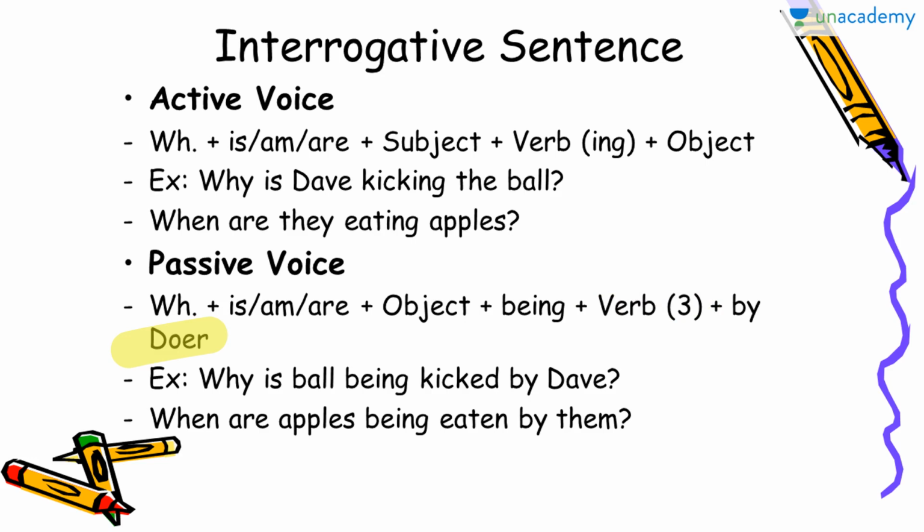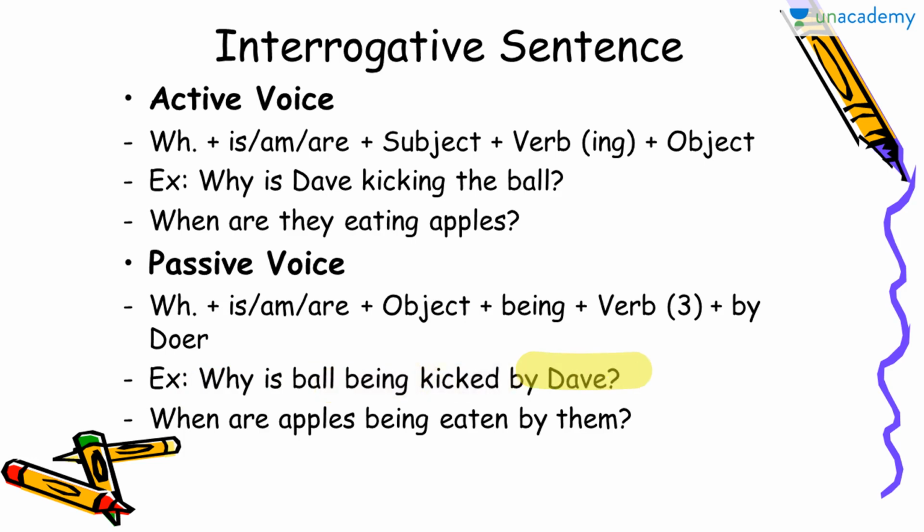For example, why is ball being kicked by Dave? So the ball over here comes just at the third position after why and after is. We have not changed the word why, neither its position. Ball was singular, so is, helping verb is used, then ball, then being. Kicked is third form of kick, and by whom?